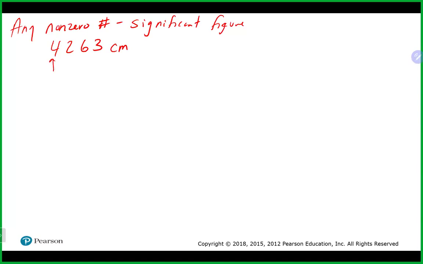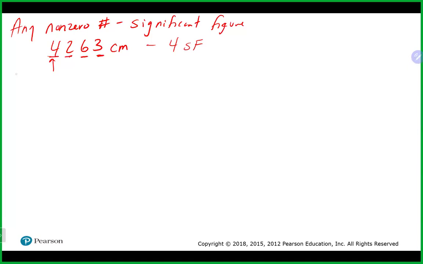That is our first non-zero, so we're going to start counting. So I got one significant figure there, 2, 3, and 4. So this number here would have technically 4 significant figures. So always left to right, start counting with the very first non-zero that you see.